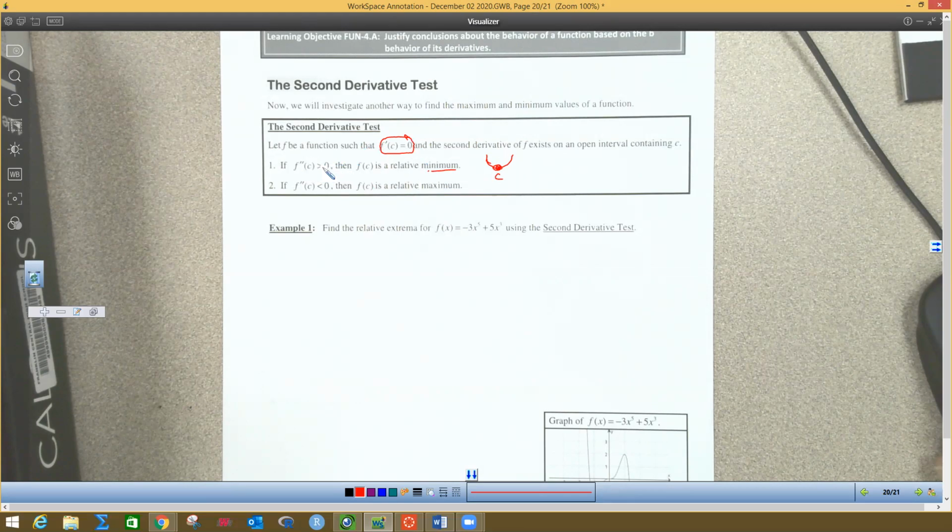Since the second derivative is positive, that means concave up. If the second derivative is less than 0, meaning negative, that means the graph is concave down at that critical number, which will make that critical number a maximum at this C value.